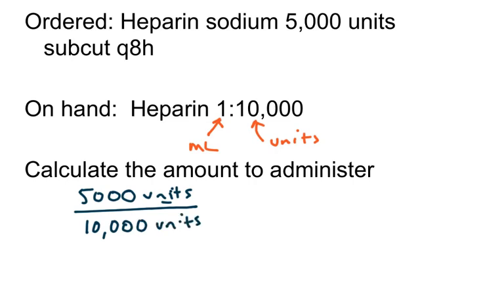Units per 1 milliliter. Cancel units, 5,000 divided by 10,000, and you would get 0.5 milliliters. Okay? The key is that whatever is on top has to go on bottom so that they can cancel.